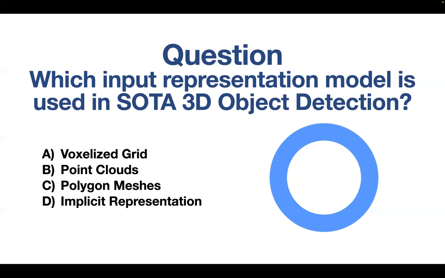You probably also know about them, but I just checked a couple of object detection benchmarks to see what is used the most, and all right, I'm gonna give you 15 seconds to put some answers in the chat. So we have voxel grids, point clouds, polygon meshes, and implicit representation, which is used in the most common benchmarks as the state-of-the-art.